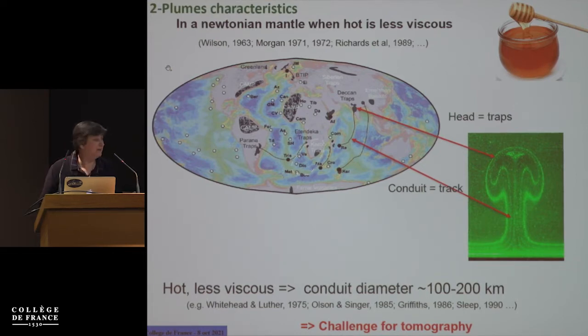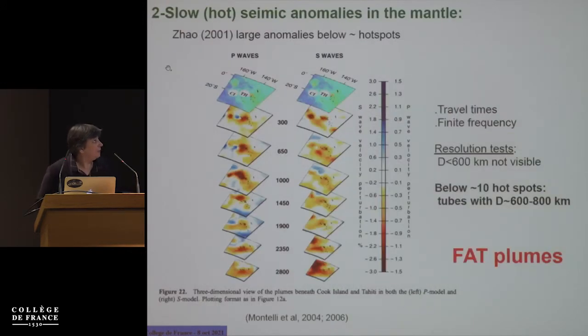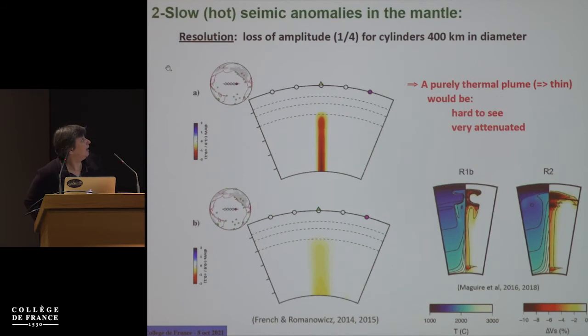So this is really a big challenge for tomography, because we've heard a lot that it could not be resolved in the lower mantle. But as tomography improved, even in the early 2000s, there were large anomalies below hotspots that were imaged, first by Tsao and also the Nolet group in Princeton, and lately Barbara's model is doing exactly the same.